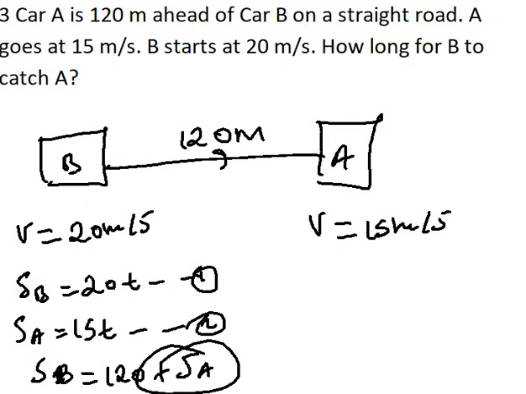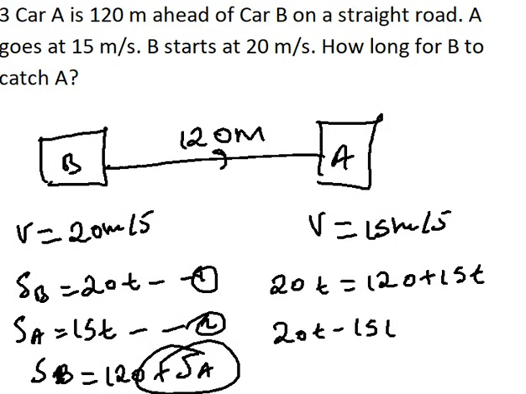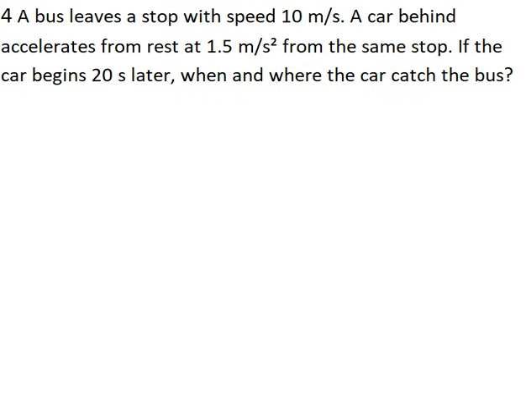From there, you'll be able to get the time: 20t is equal to 120 plus 15t, so 20t minus 15t is equal to 120. That gives 5t is equal to 120. That is how long.